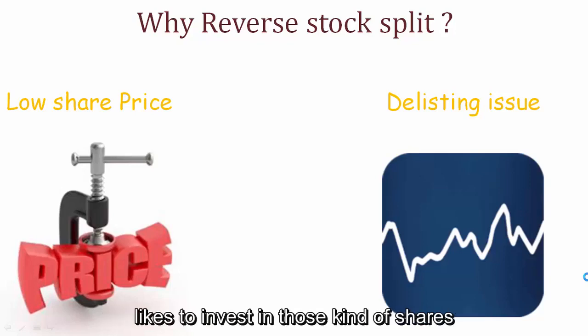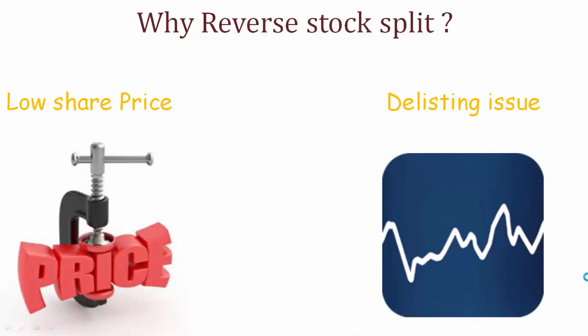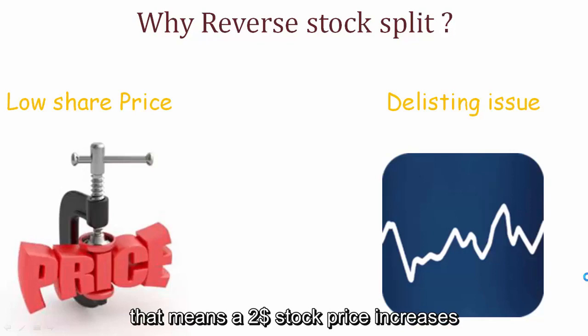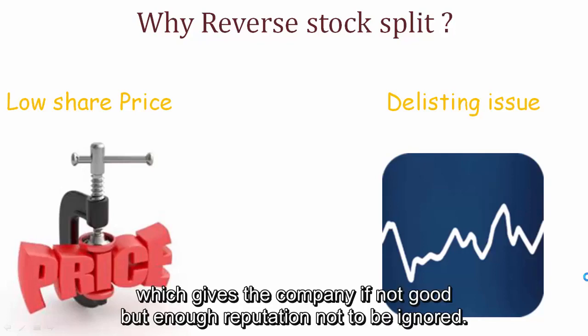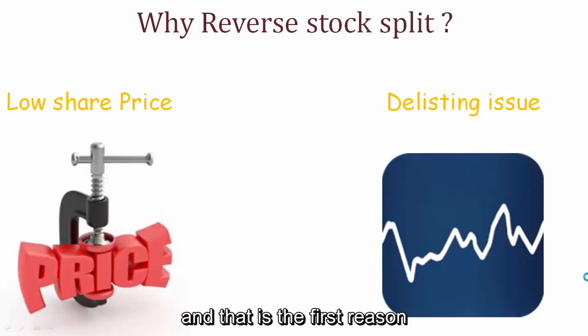Nobody likes to invest in those kinds of shares. So if a company goes for a 5 for 1 reverse stock split, a $2 stock price increases to $10, which gives the company, if not a good reputation, then enough of one not to be ignored. And that is the first reason.